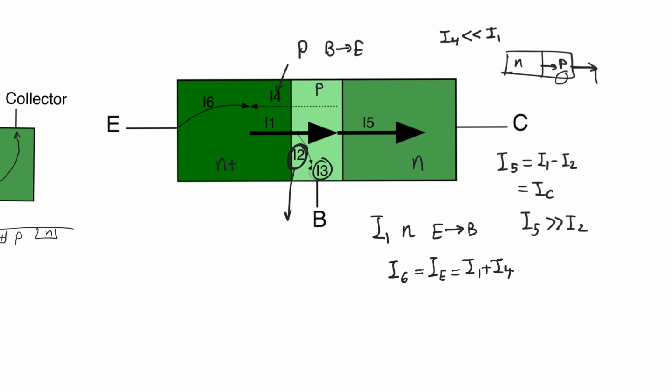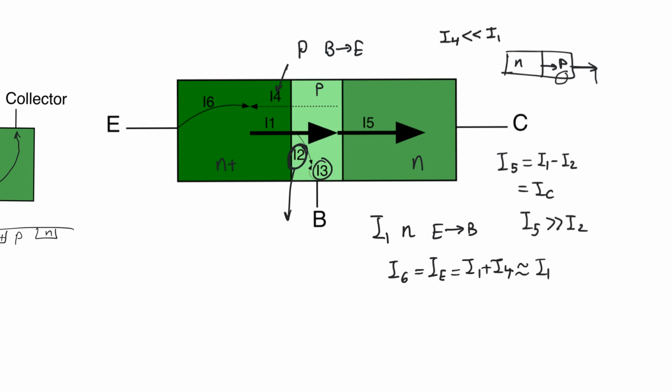So the emitter current is going to be the summation of holes flowing from the base to the emitter and electrons flowing from the emitter to the base, which should approximately equal I1, because I4 is much smaller than I1. Why are they being added? Because recall that the arrows here represent direction of charge flow, not direction of current, and I1 is an electron flux. And so the emitter current is actually the summation of both I4 and I1.